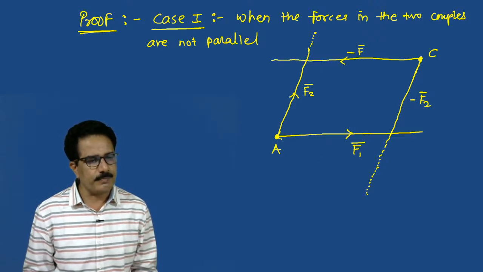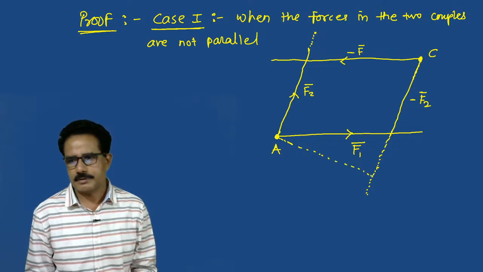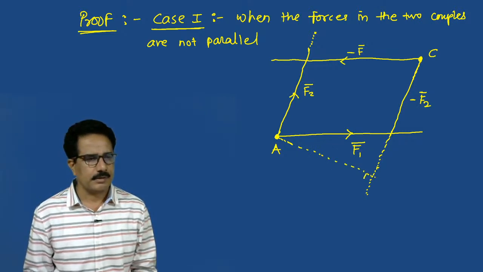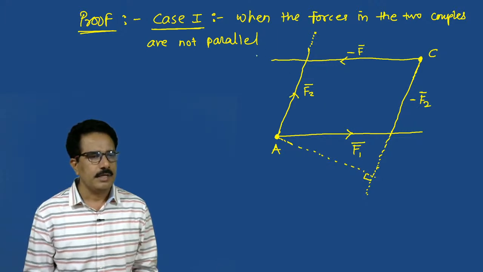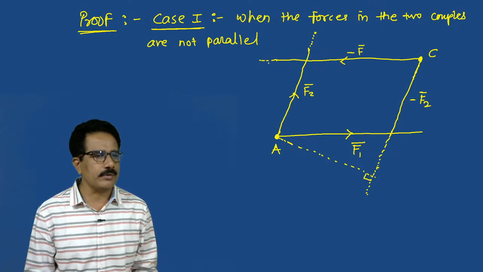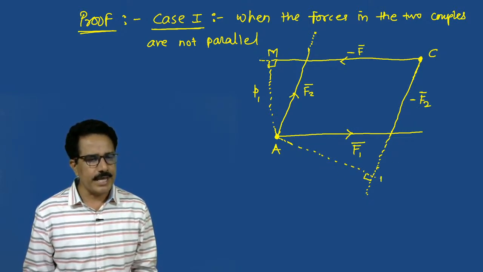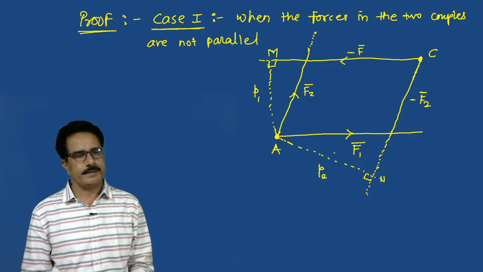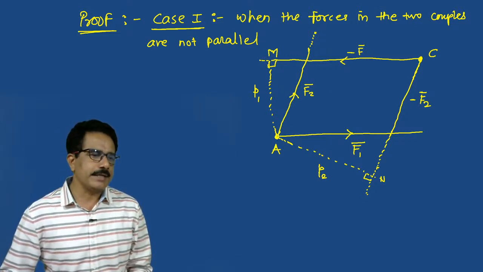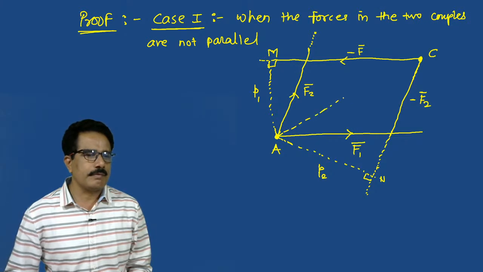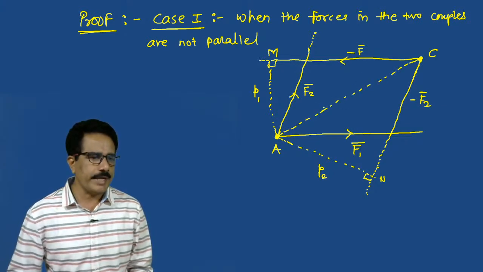If we draw this perpendicular, and another perpendicular, this is P1, the arm of a couple, and this is AN, which is the second arm of the couple. We consider this as P2. Draw this segment AC. Okay.